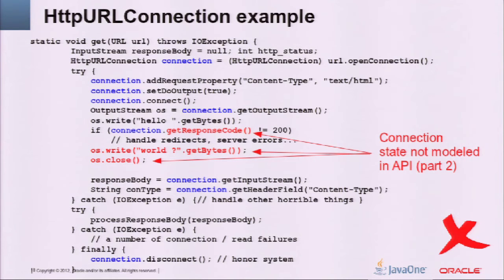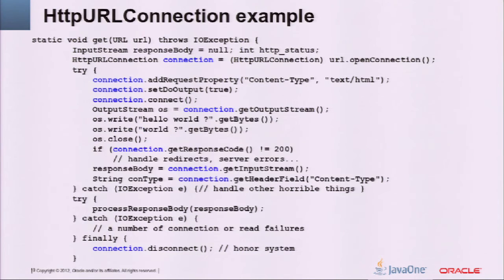And you may not know this, but in this example, where we call connection.getResponseCode, the first highlighted red line, and then we continue to write to the output stream for the request body, this actually fails silently because the request output stream has been closed by the implementation. So not only do we get inadequate state modeling, you get different kinds of reactions from the API when you do the wrong thing at the wrong time.